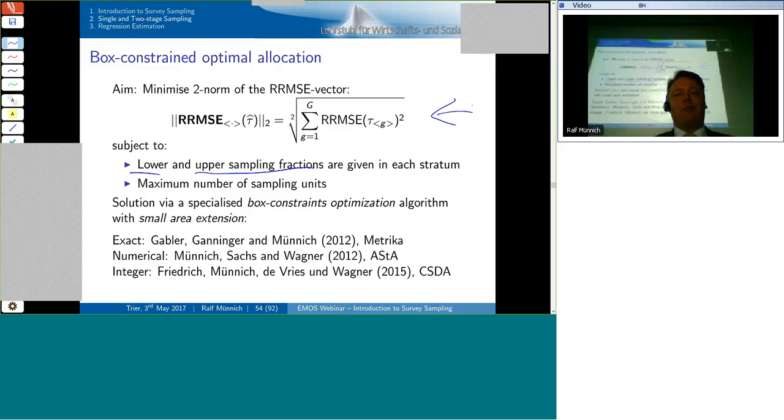The problem is the optimization algorithm is not so straightforward, but we're very close to launching our package for that. The exact solution is in this paper, then some numerical investigations with this specialized algorithm are in this paper, and what is essentially interesting, recently we have also published a purely integer version, which I thought is very difficult once you have 20,000 strata.